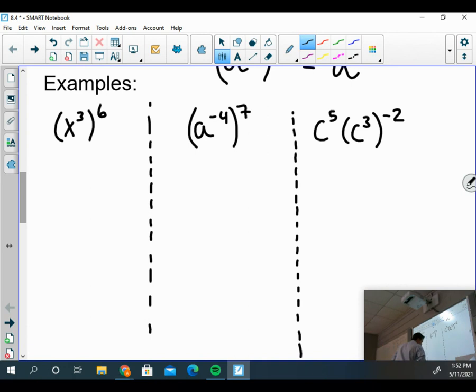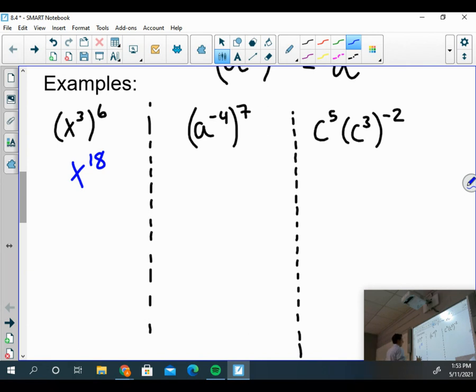So hopefully you've given it a shot. The one on the left, we'll work our way left to right, is pretty straightforward. Apply my new rule. When I have an algebraic expression with an exponent to another exponent, a power to a power scenario, I simply multiply the exponents, and this will be my simplified version. x to the third to the 6th power will be x to the 18th.